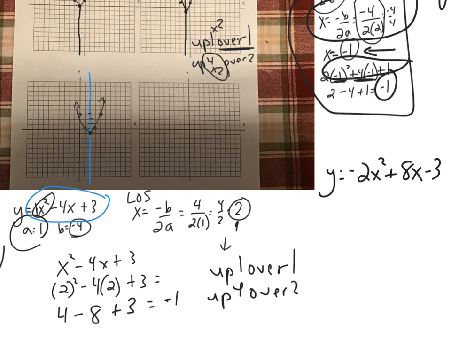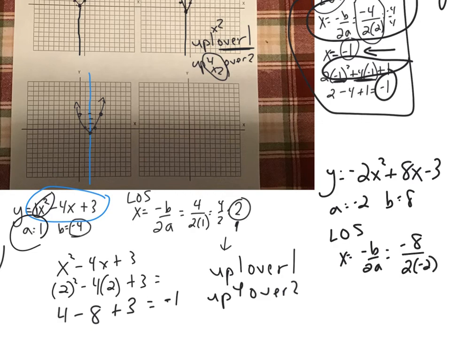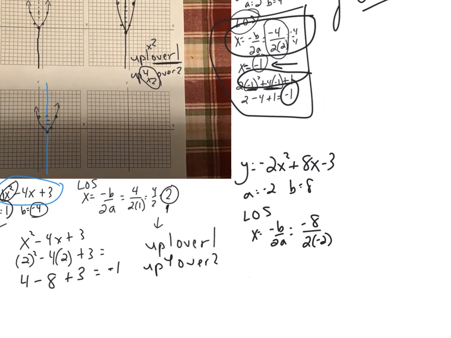Let's see if that works. It might work. All right, so a is negative 2 and b is 8, right? So I got my line of symmetry is x equals negative b over 2a, which is negative 8 over 2 times negative 2, right? So that's going to be negative 8 over negative 4, which is 2.